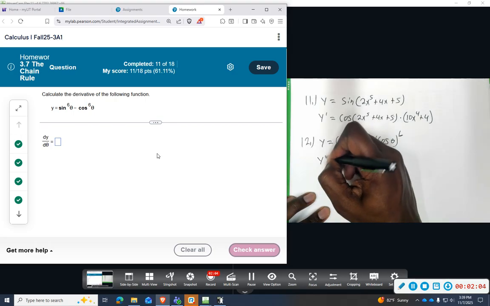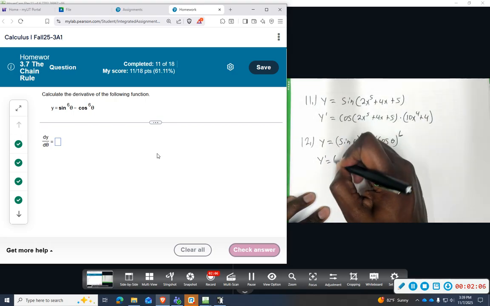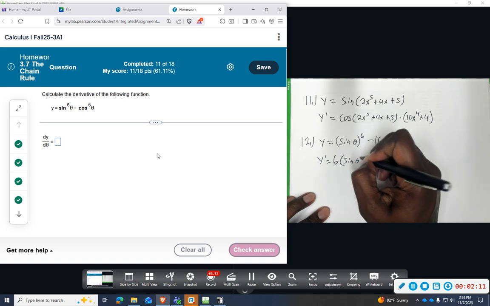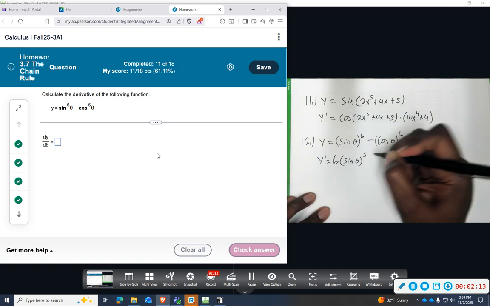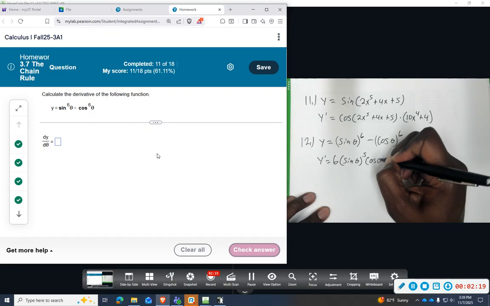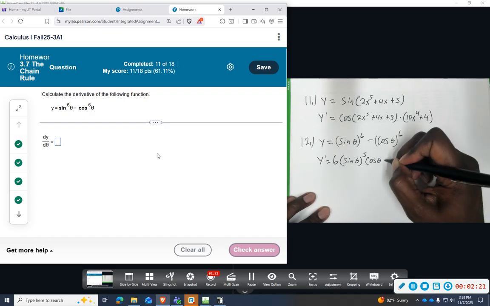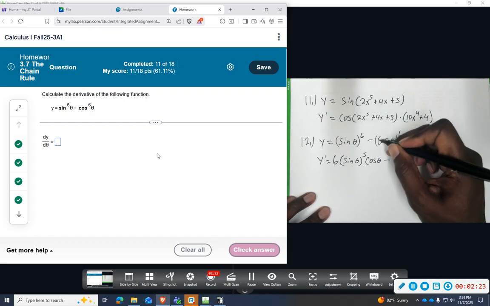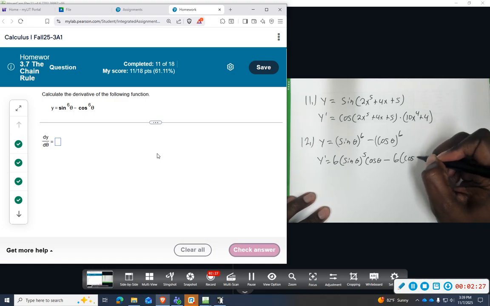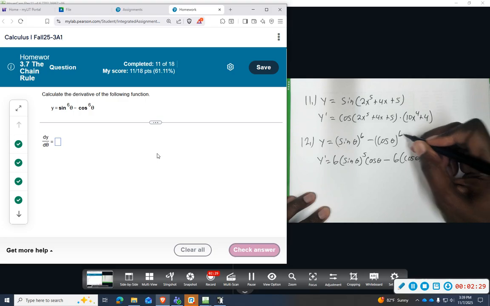So y prime is going to be 6 sine of theta, subtract 1 to the 5th power. Derivative of sine is cosine of theta. And then minus, we'll do the same thing over here. 6 cosine of theta, subtract 1.